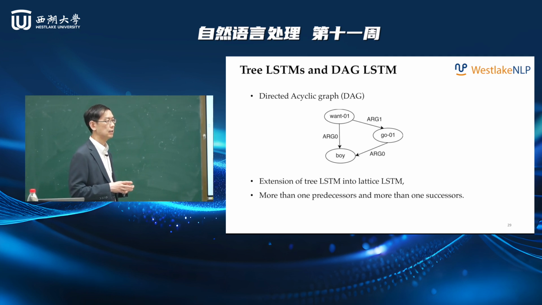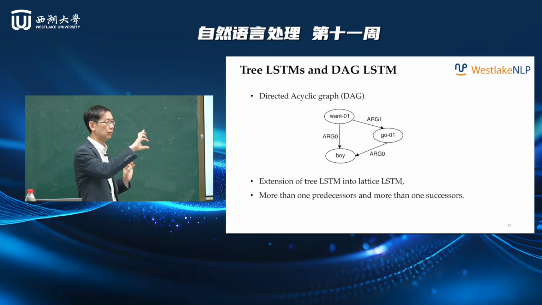So this is a directed acyclic graph, DAG. Okay? For DAGs, you can have loops, but these loops are directional. Okay? Not a loop back, but a unidirectional edge set forming a loop.